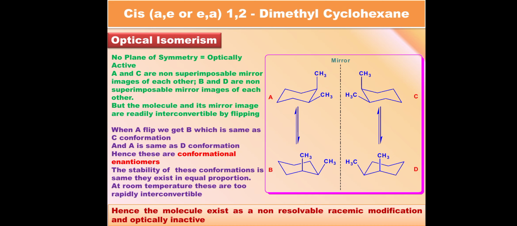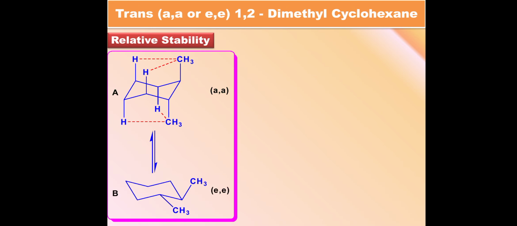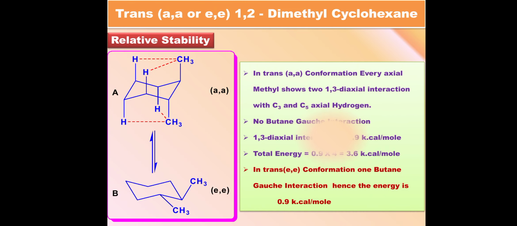it is optically inactive. With this, we switch over to the trans axial or equatorial 1,2 dimethyl cyclohexane. From a stability point of view, in diaxial conformation, the two methyls placed at carbon number 1 and 2 positions are both at axial position. Therefore, every axial methyl has two 1,3 diaxial interactions.